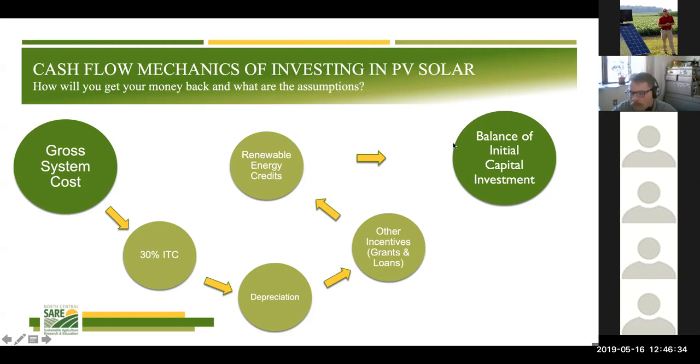Once we get over here, anything that's left from that initial capital investment, plus any ongoing operations and maintenance costs or additional costs that we discussed in session 2, all of that needs to be recovered with ongoing annual energy savings.